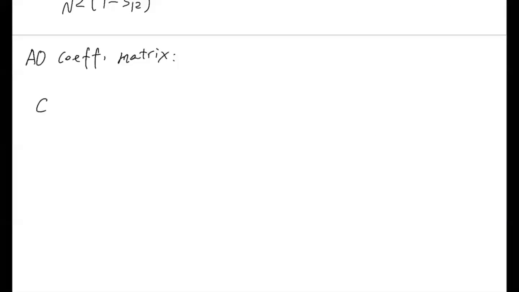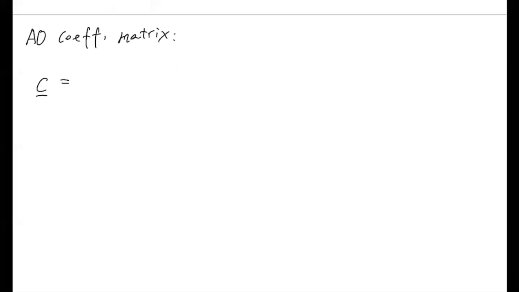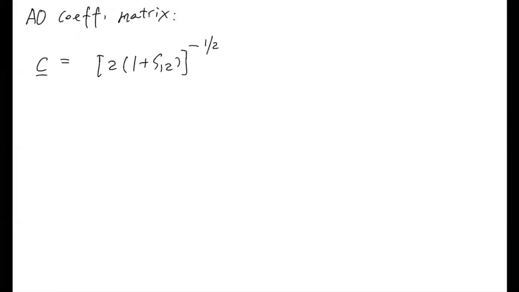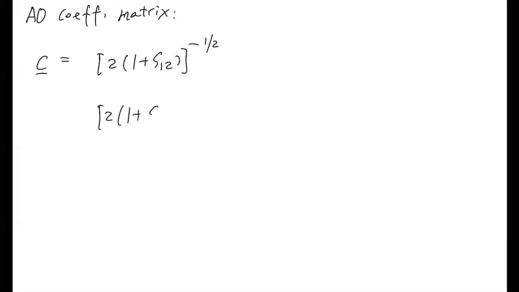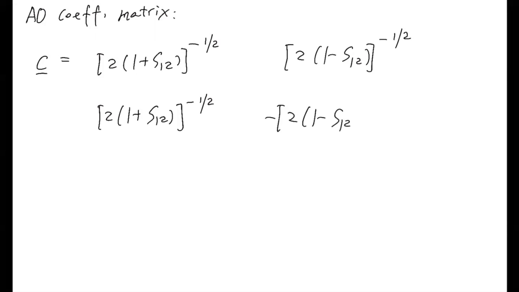The entries are 2 times (1 plus S12) to the power of minus 1 over 2, because it's 1 over a square root, then 2 times (1 plus S12) to the power of minus 1 over 2, 2 times (1 minus S12) to the power of minus 1 over 2, and minus 2 times (1 minus S12) to the power of minus 1 over 2.